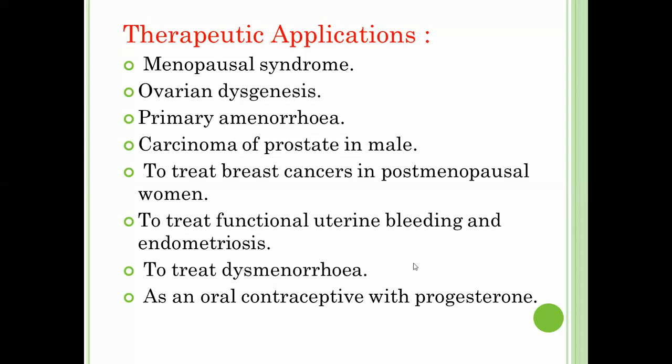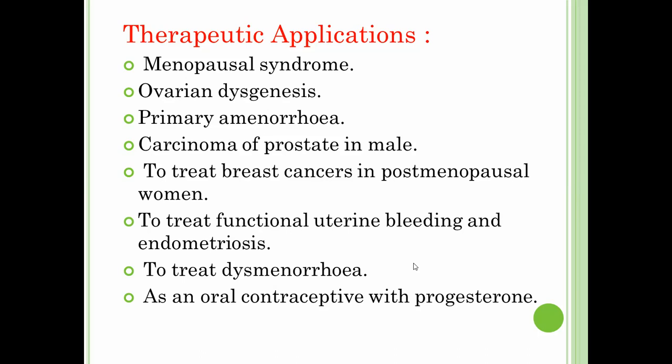So for such conditions, estrogen is also used. Then to treat the dysmenorrhea condition. What is meant by dysmenorrhea? Painful menstruation. Okay, so to treat dysmenorrhea, synthetic estrogen or natural estrogens are used.